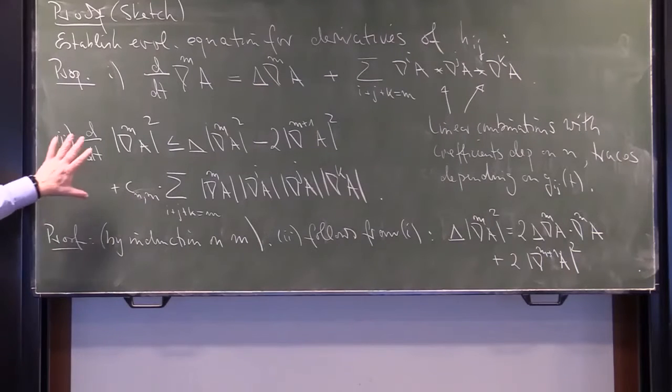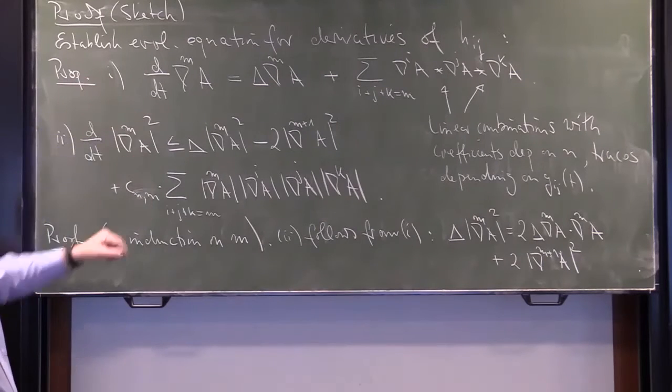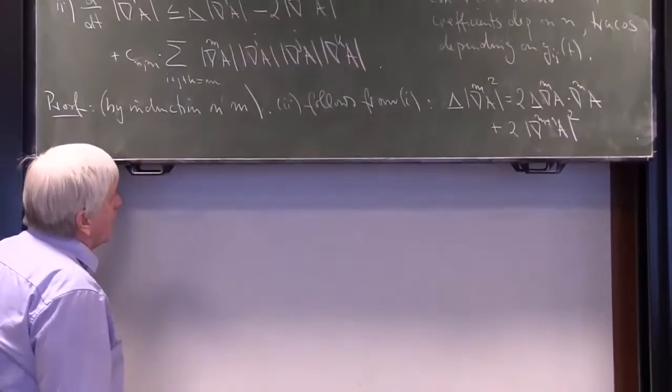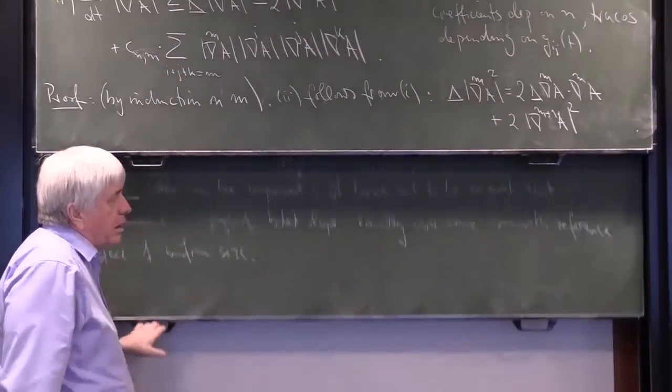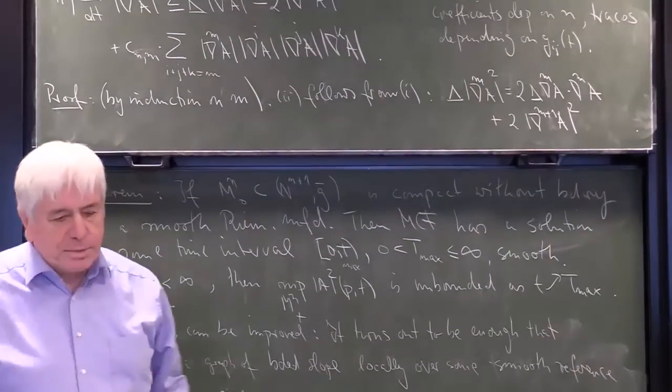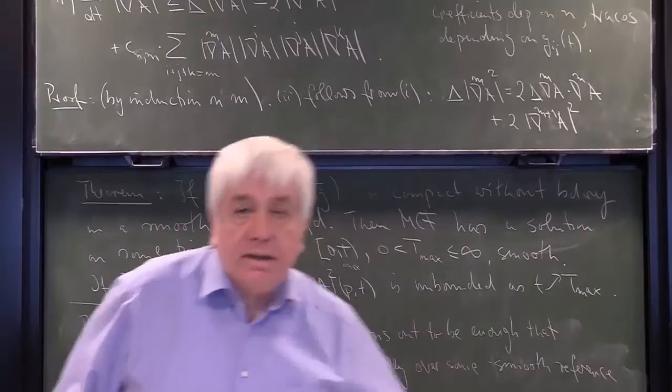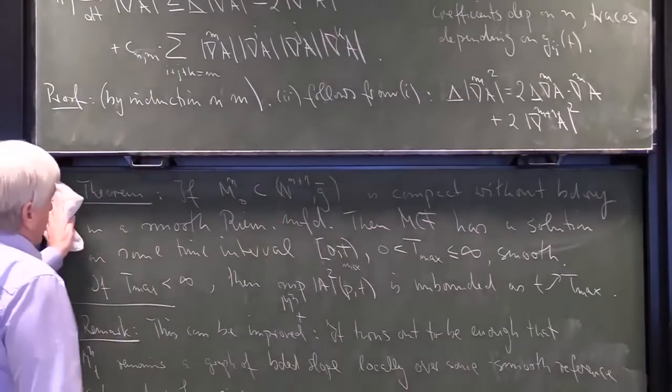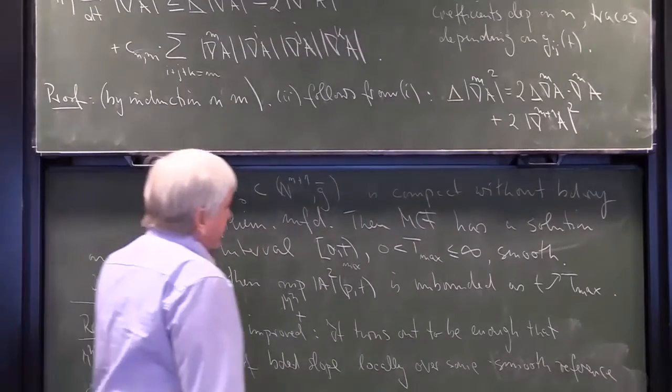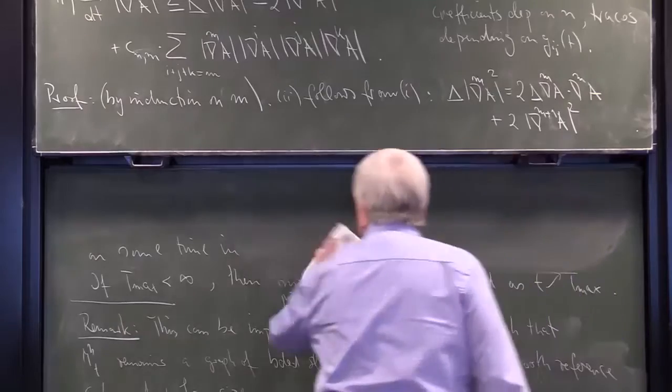Right, so this follows from that, and to compute 1, you need, because it's a covariant derivative, the key thing you have to do is compute what the derivative of a Christoffel symbol is.